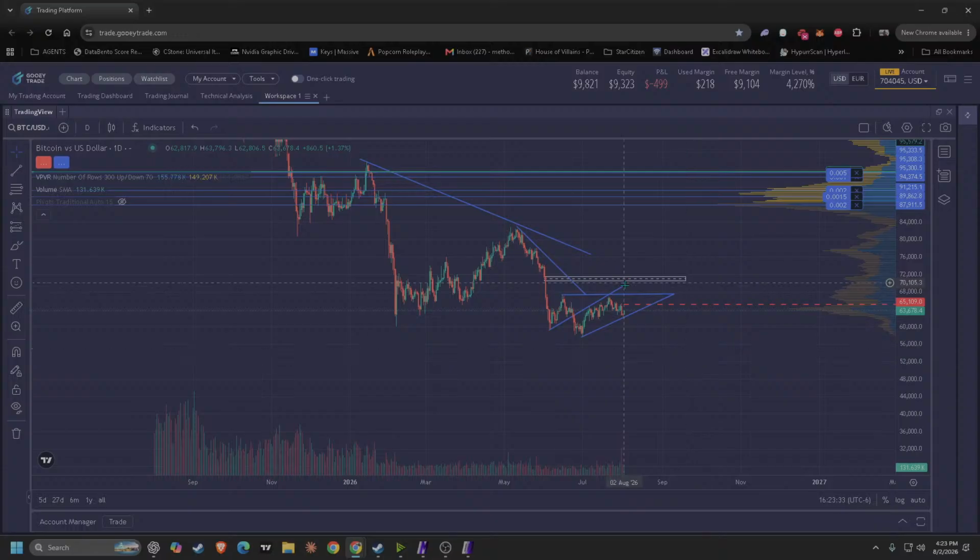It's an ascending wedge. Technically, this goes 2 touches. It would be this way.